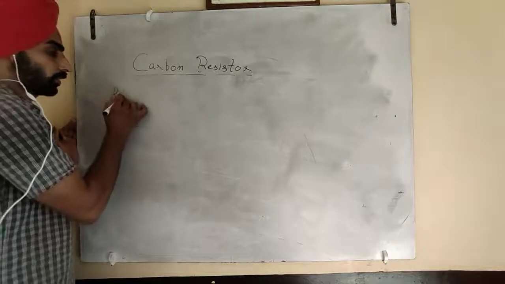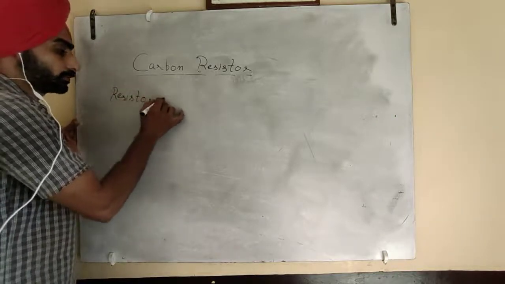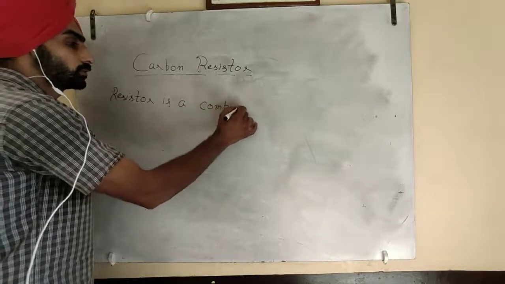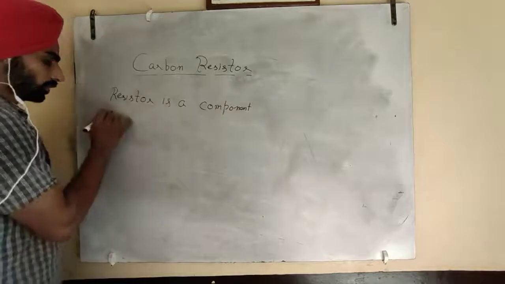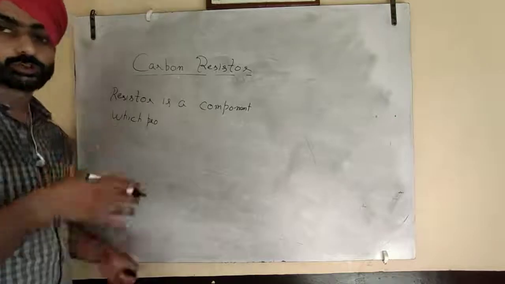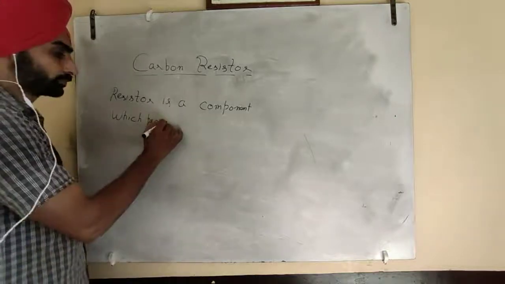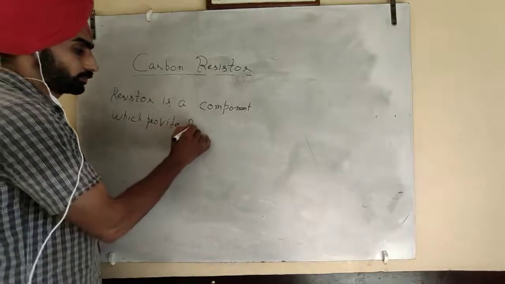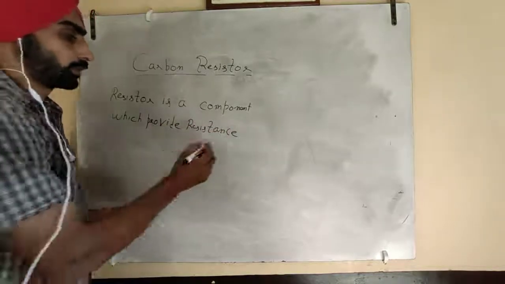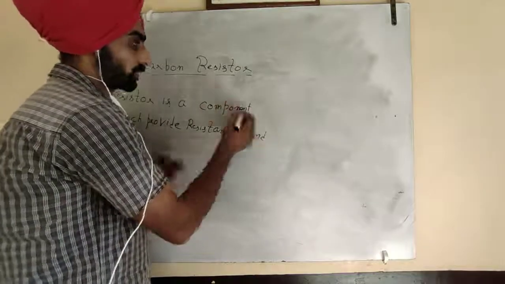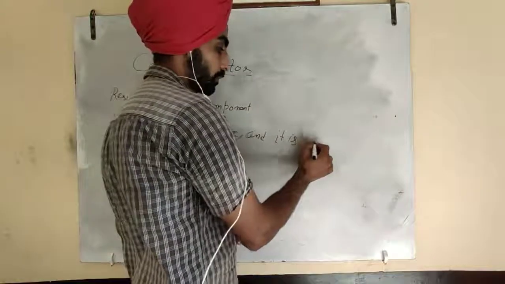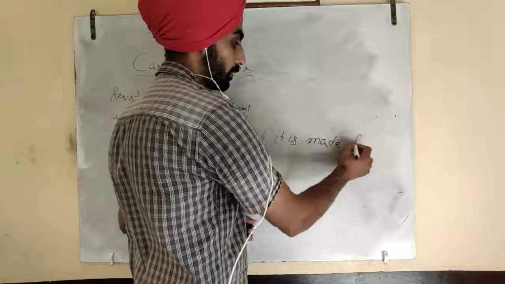Resistor is an electronic component which provides a resistance to the flow of current. Okay, and it is made of carbon, so that's why its name is carbon resistor.